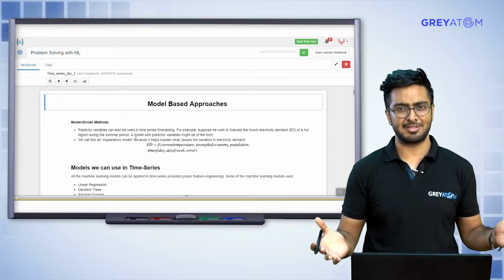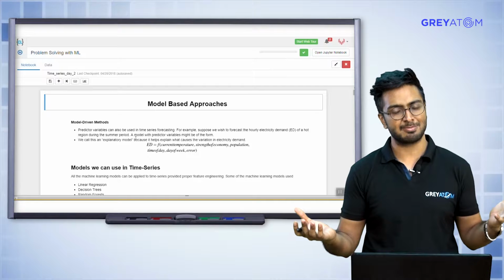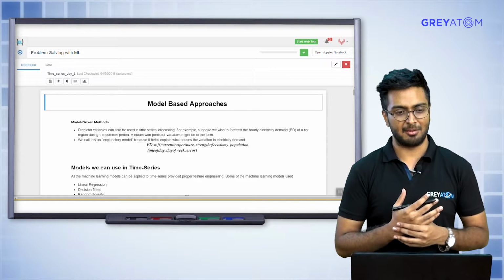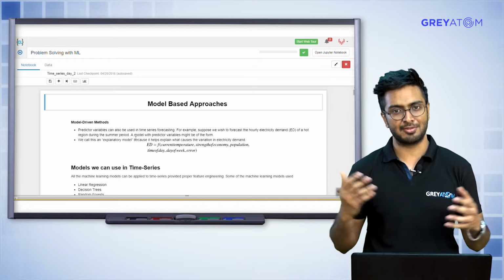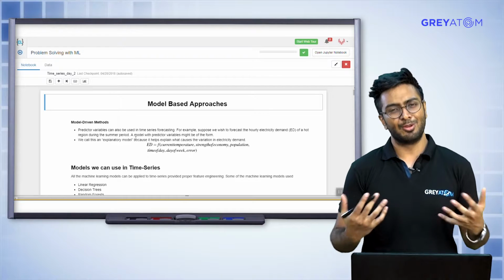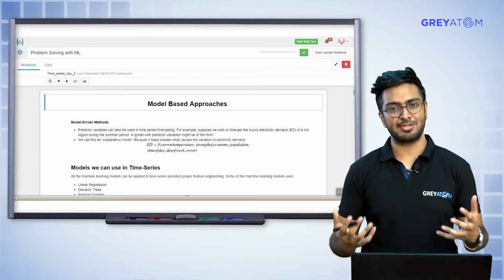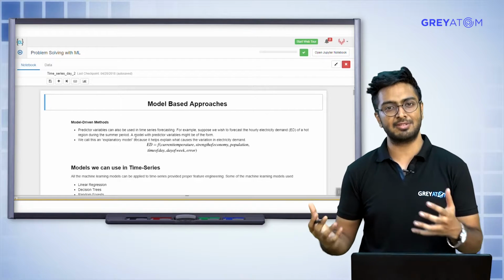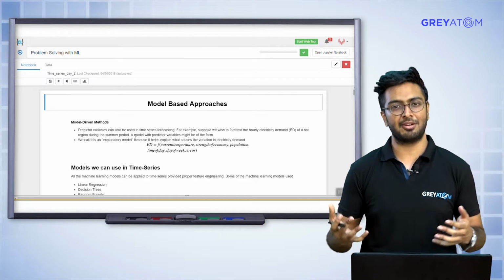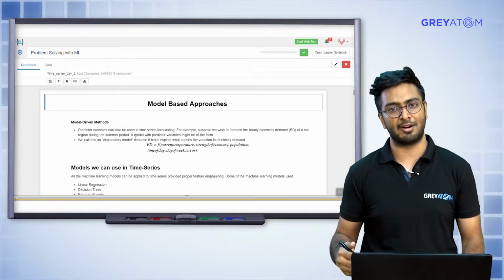The way you had used housing price prediction, you are trying to predict house prices given the different house features. This is the same kind of thing we are going to do. We are going to predict the stock prices given different features about the stock. The only thing is, in this case, we can also use the past values of the target variable. In the case of housing price prediction, you cannot use the prices of other houses to predict the house price, right?